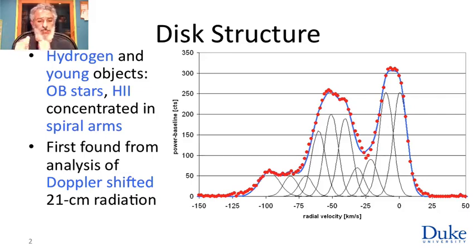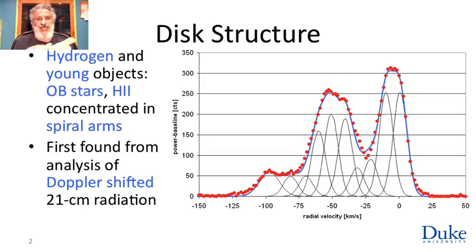But if you look for the concentrations of particular kinds of stars, blue stars, OB stars, the attendant ionized hydrogen, H2 regions that indicate star formation, and to some extent the molecular hydrogen clouds, those are not scattered uniformly over the disk, but in fact are concentrated in these spiral arms, these linear structures that wind through the disk.